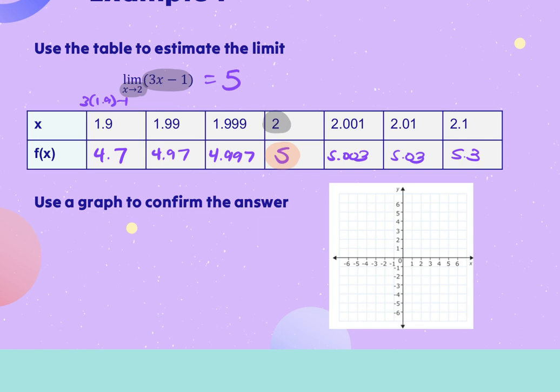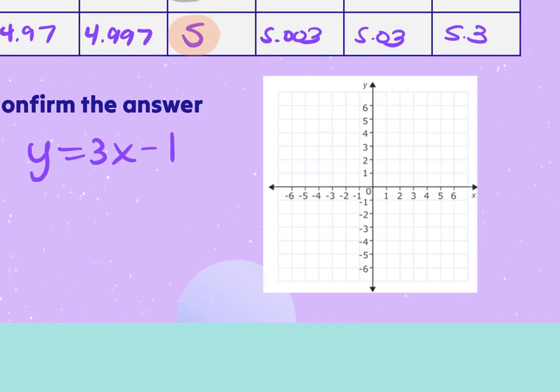And then it says use the graph to confirm the answer. If I wanted to graph this, y equals 3x minus 1 is what kind of graph? A line. How do I graph the line? Start at -1, use my slope up 1, 2, 3 to the right one, or down 1, 2, 3 to the left one.